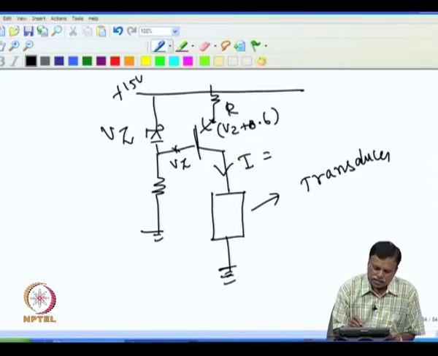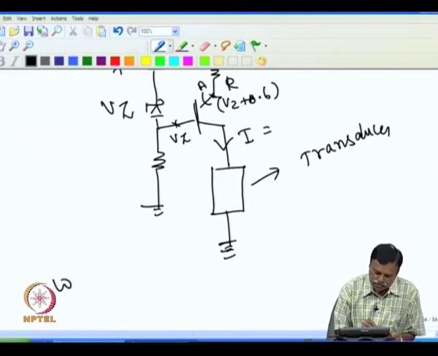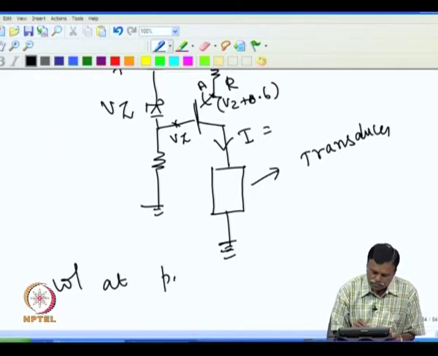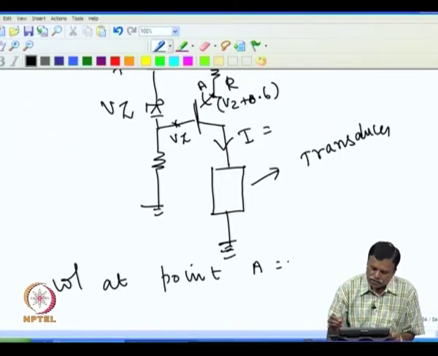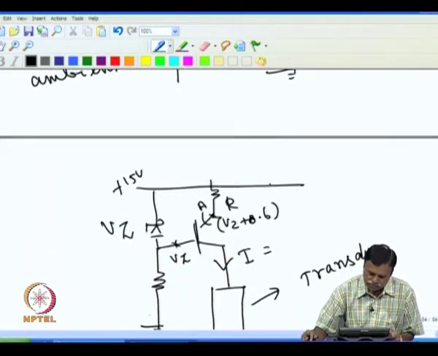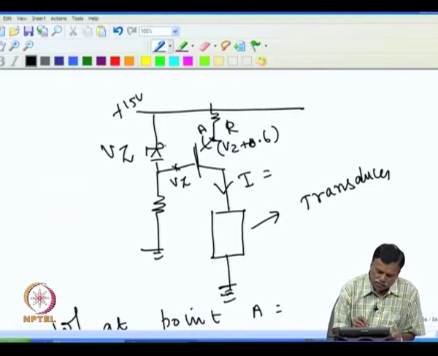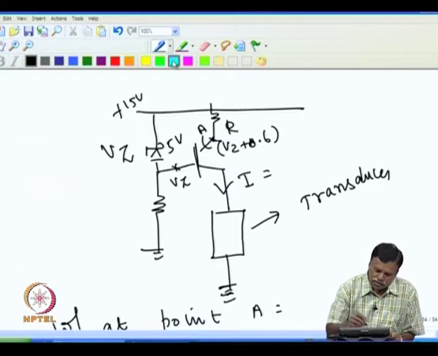I call this point A, and this point B. Assume this Zener voltage is 5 volt.